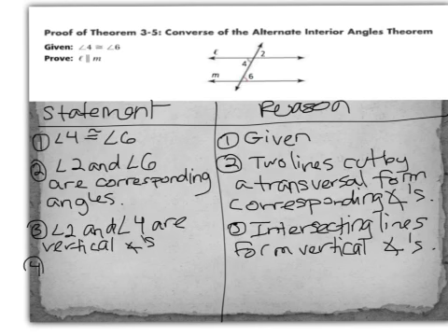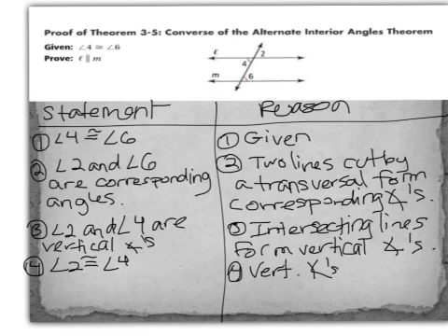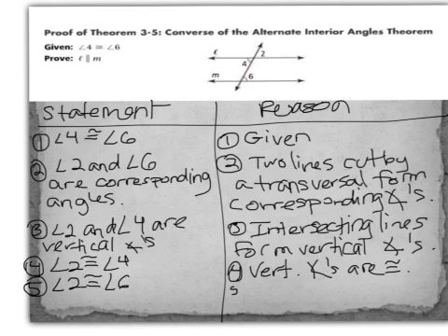Which means that angle 2 is congruent to angle 4 because vertical angles are congruent. Well, since angle 4 is congruent to angle 6 and angle 2 is congruent to angle 4, they're both congruent to angle 4, so they must be congruent to each other. Angle 2 must be congruent to angle 6 by the transitive property of congruency.